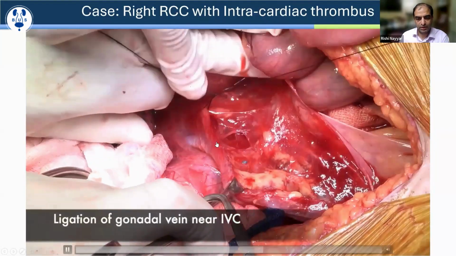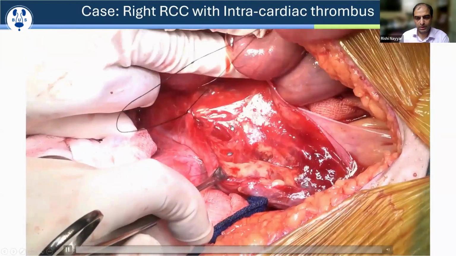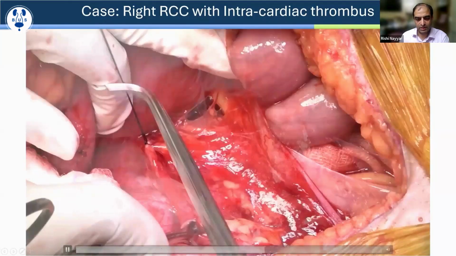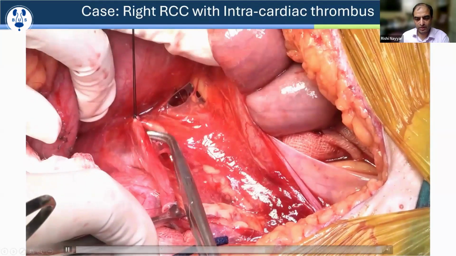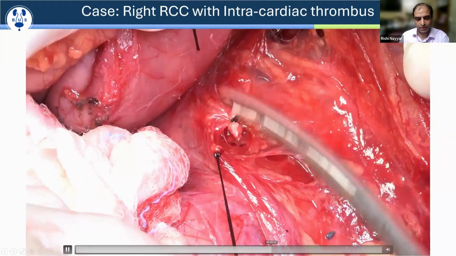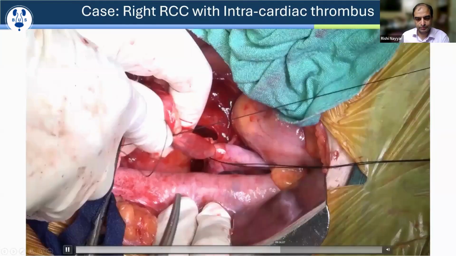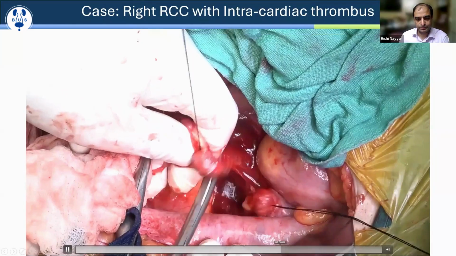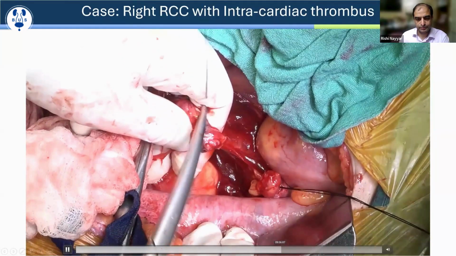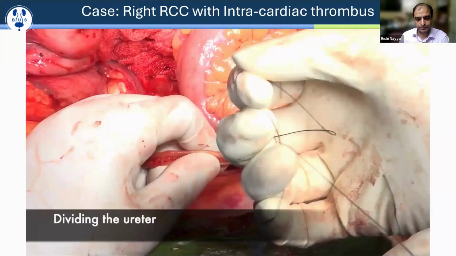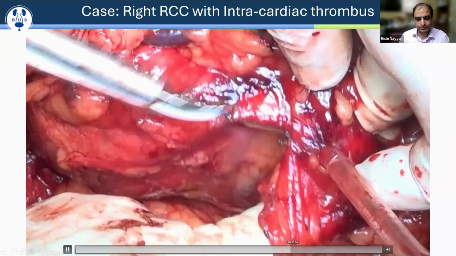The tumor is now here on the lateral border of the IVC. Keep dissecting. This is a standard nephrectomy as we do. The ureter is divided, and ultimately the kidney.